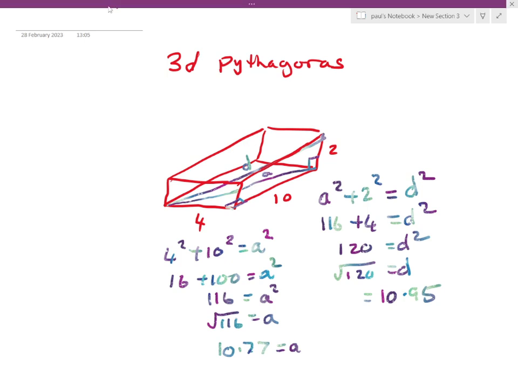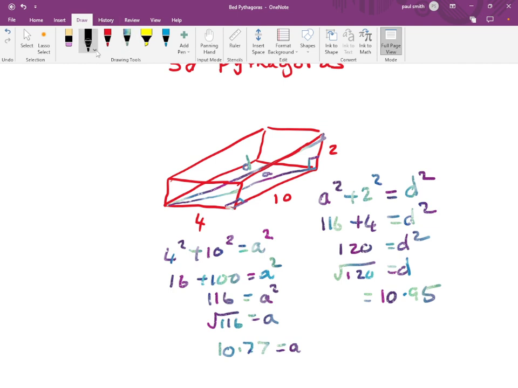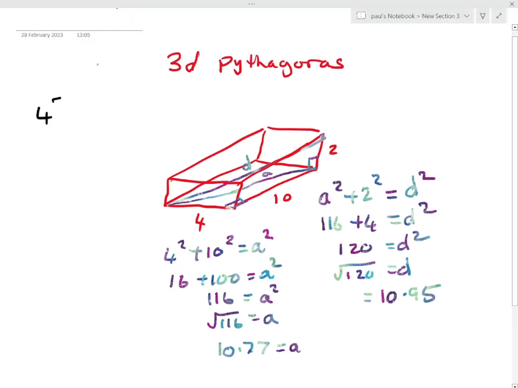Okay, now we can do this a slightly quicker way. Is just by going 4 squared plus 10 squared. Now the 4 squared plus 10 squared was that bit, wasn't it? The 116. And so if we use that 116 that appears in here, we can just add the 2 squared onto the end.